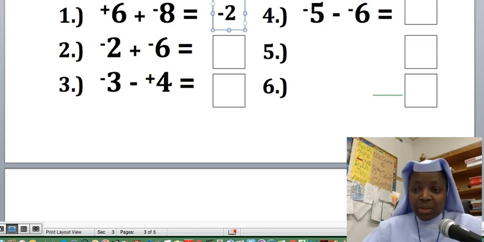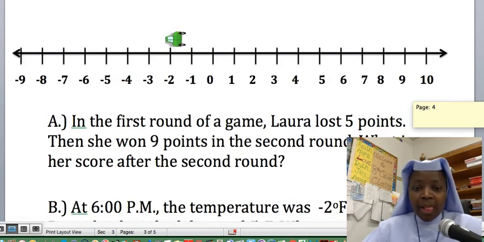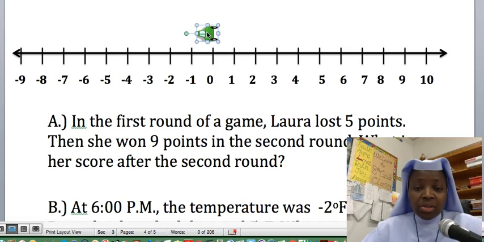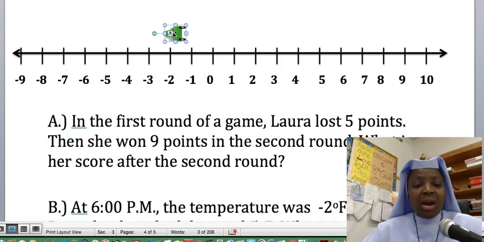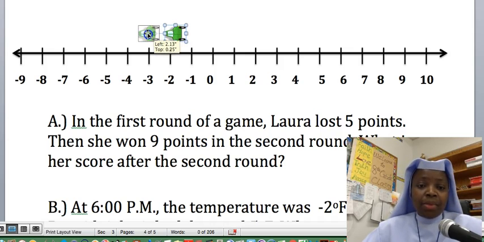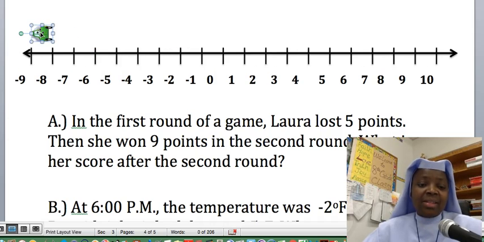So we start from 0, 2 steps backward. 0, 1, 2. Keep the same direction, do not turn the car. Take 6 more steps backward. 0, 1, 2, 3, 4, 5, 6. Our last stop is -8.